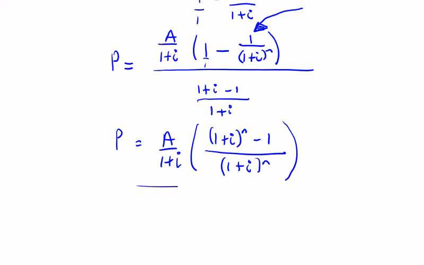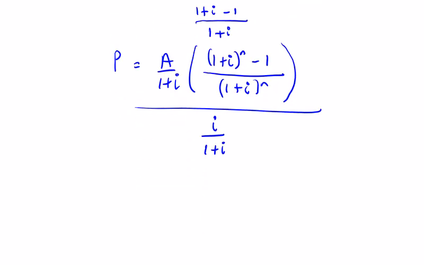And on the bottom I have I over 1 plus I. Now dividing by a fraction, I'm going to turn it upside down and multiply. As you can see what's going to happen here, the 1 plus I's are going to cancel, so P is equal to, I'm going to put this guy to the front of this whole expression on top.